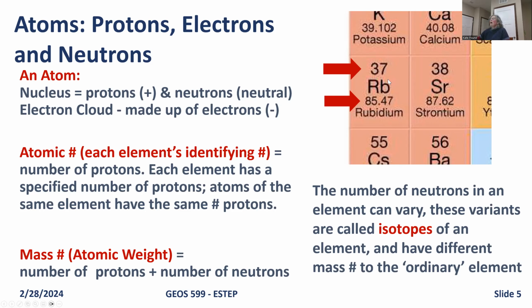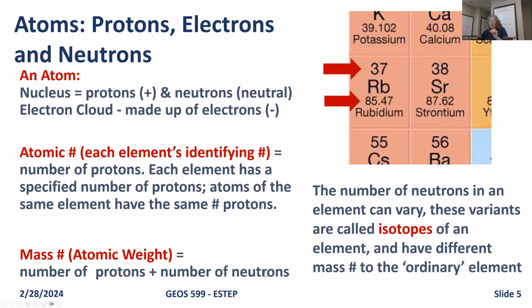Now, an element such as rubidium will always have the same atomic number, but it turns out that its mass number can change. And that is because the number of neutrons might change.